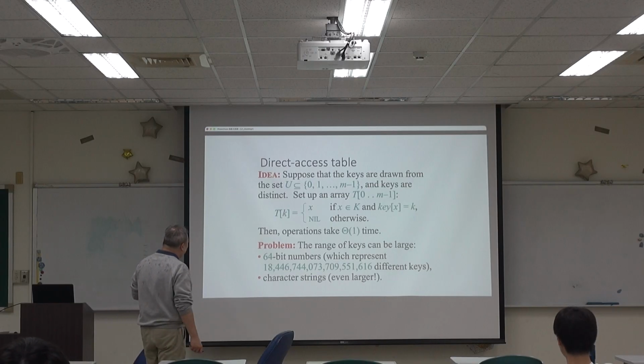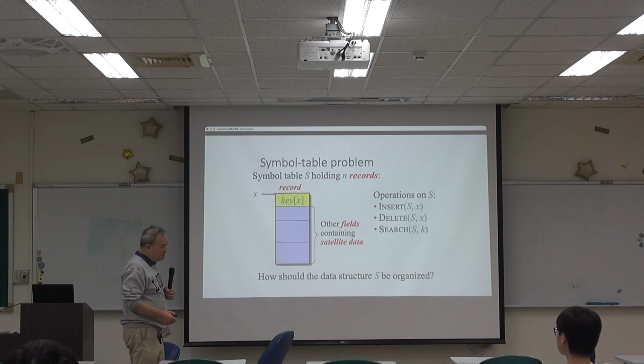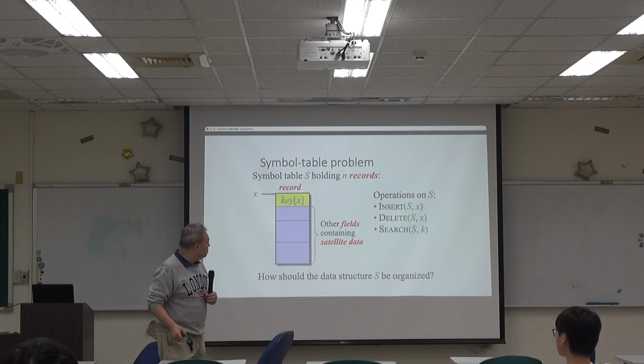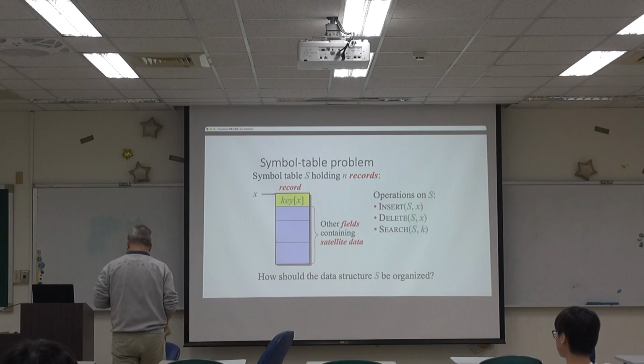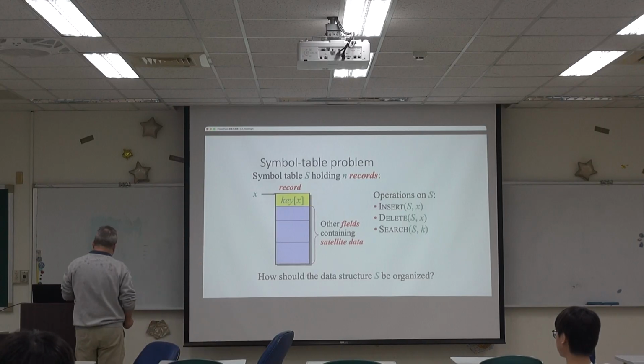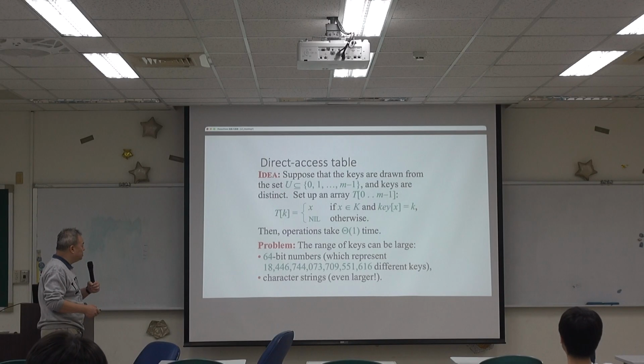All these operations, insert, delete, search, will take constant time, because once you have a key, you can directly find the location of this record. You can do insertion, deletion, or check if this record is in this symbol table or not in constant time.